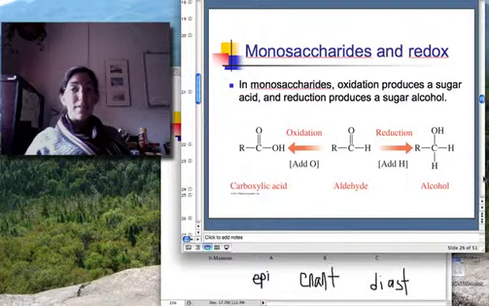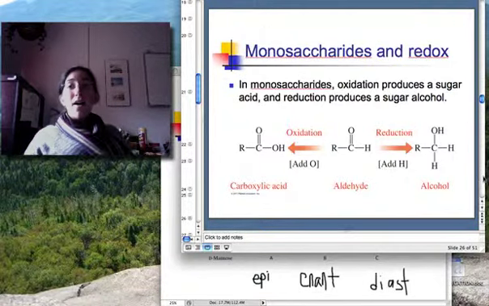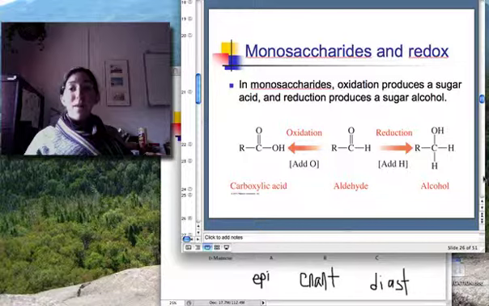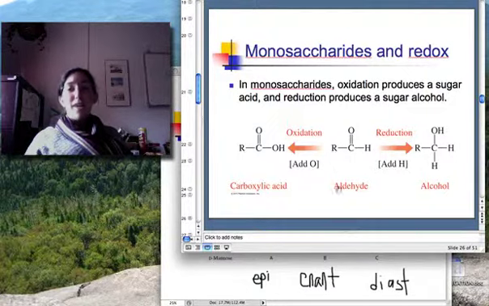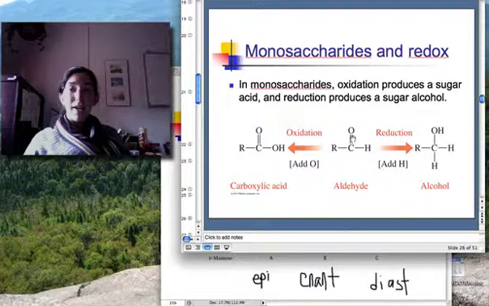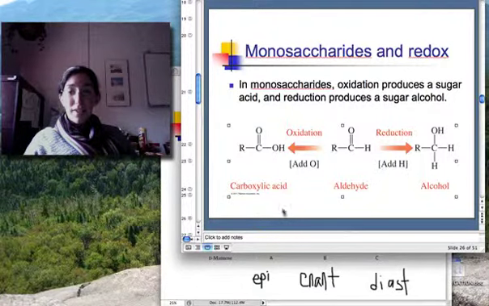Okay, so let's look at some examples here. And the examples we'll talk about are, of course, with our monosaccharides. So here's just a typical aldehyde group that you would see at the end of an aldose monosaccharide. Oxidation of this aldehyde group involves, check this out, see this oxygen here?